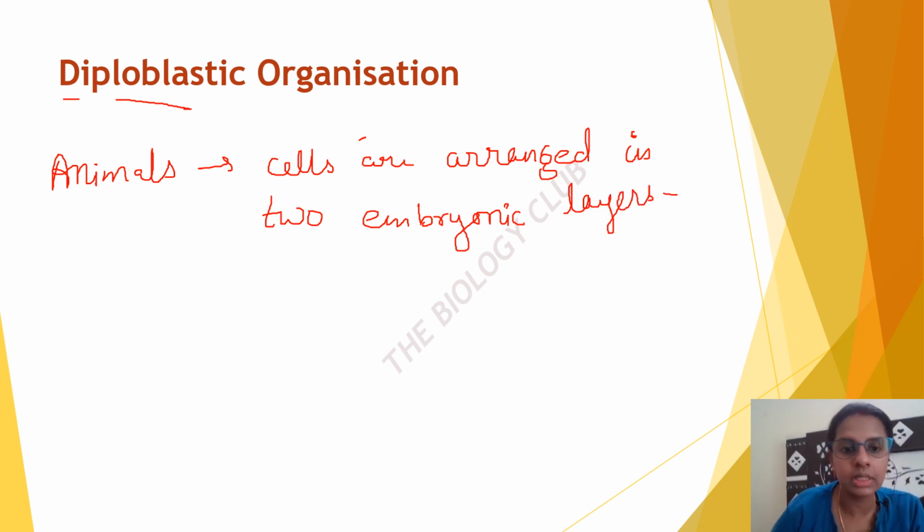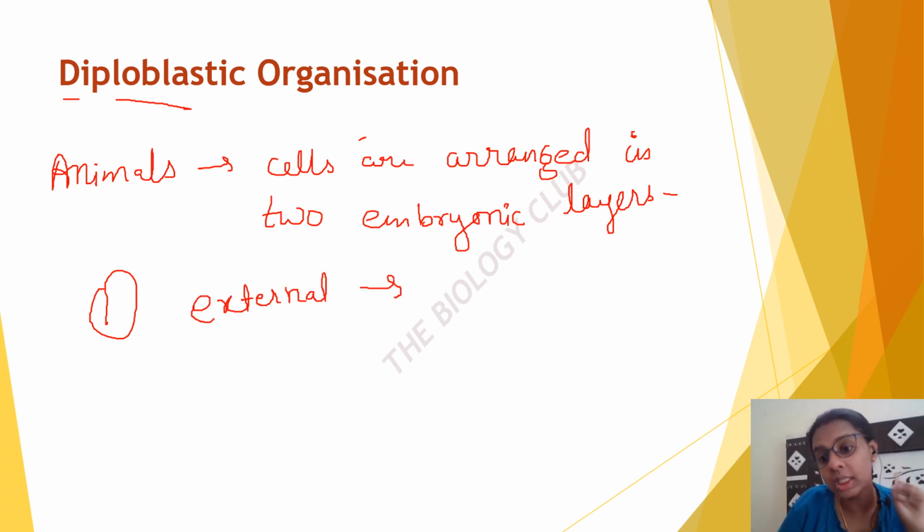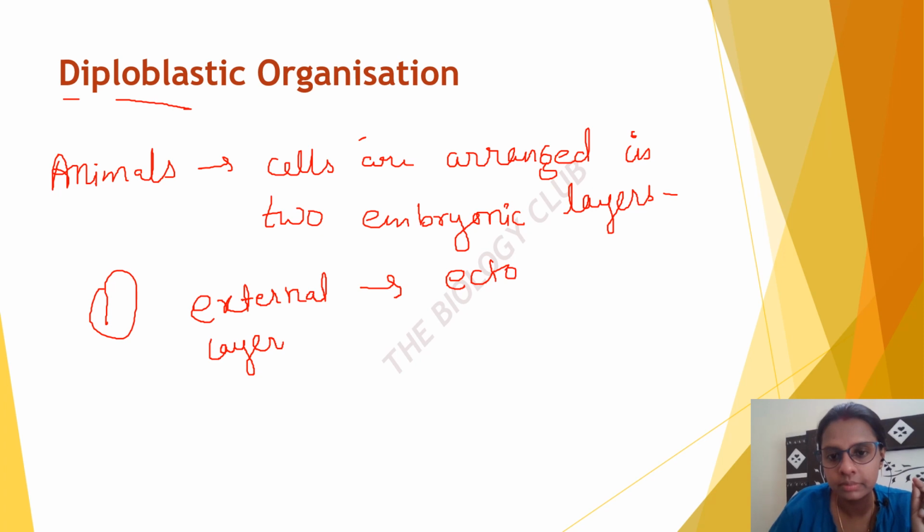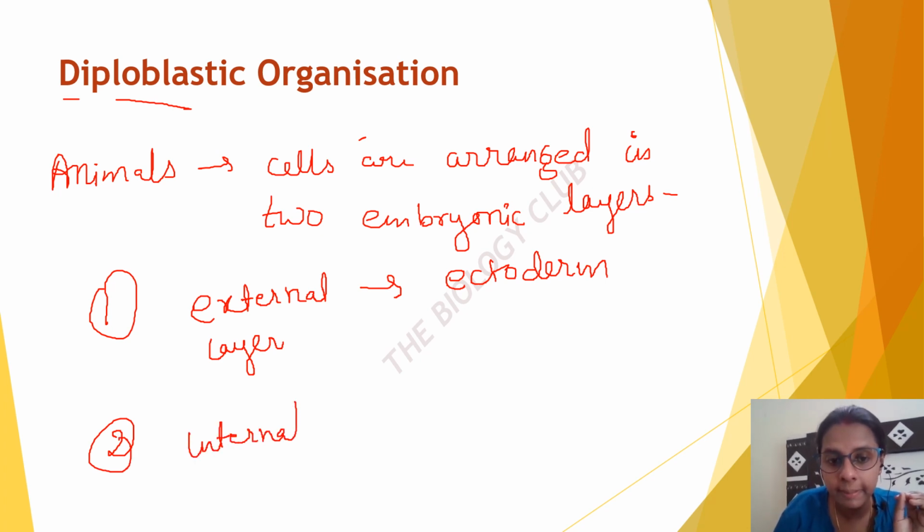First one, the external one, means the outermost one. The external layer, let me write it down, is known as ectoderm. Okay, the external layer is known as ectoderm and the internal layer is known as endoderm.